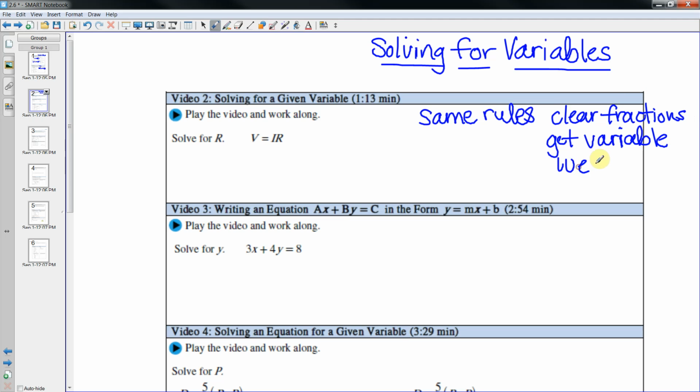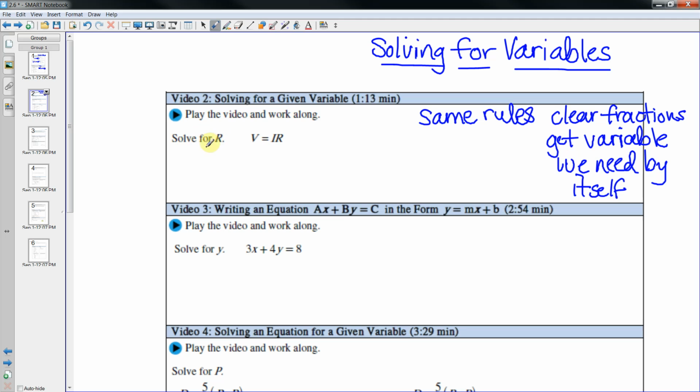So get the variable we need by itself. And a lot of times I will circle that variable, because what it is we're going to solve for a letter. Now, that means that the numbers that we have in these formulas will stay in the formula. They're just going to be manipulated and moved around. We're not going to have a happy little x equals 2 in these.